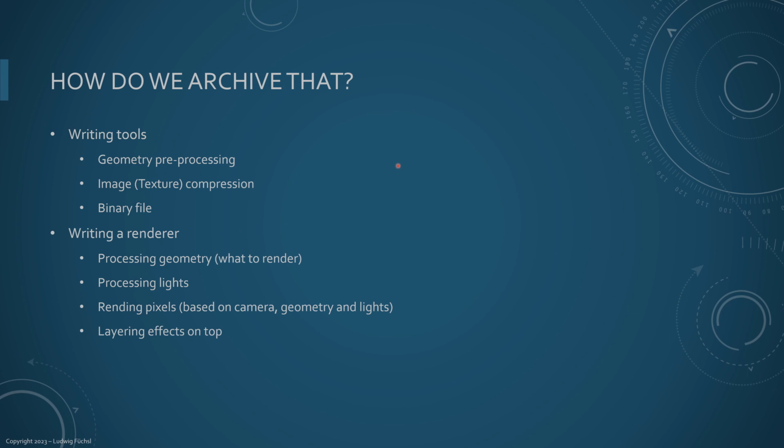So how are we going to achieve this? Well, we're going to achieve this by writing components. We're going to write 2 components in our tutorial series. We are going to write tools, and we're going to write a renderer. These tools are going to be responsible for doing some geometry preprocessing, maybe compressing images and textures, computing stuff, and outputting binary files that can be used fast.